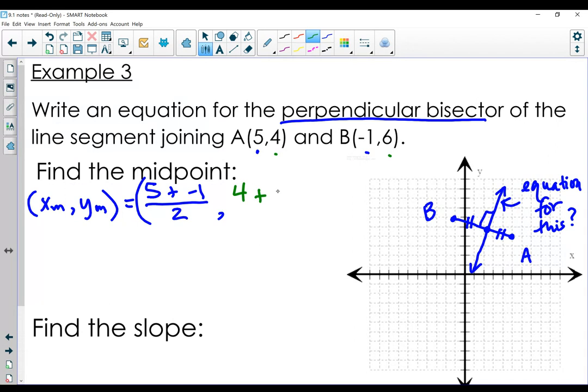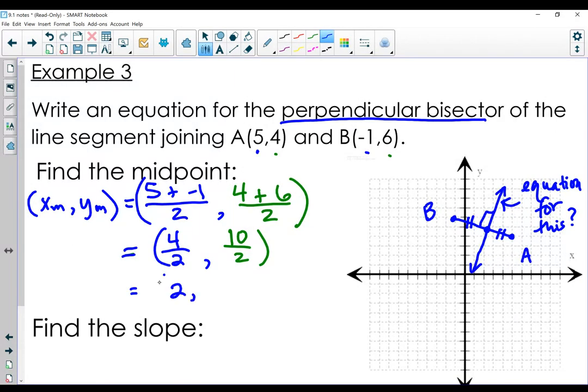So I'm going to add them together and divide by 2. So now I have 5 plus -1 is 4 divided by 2. And 4 plus 6, 10 divided by 2.